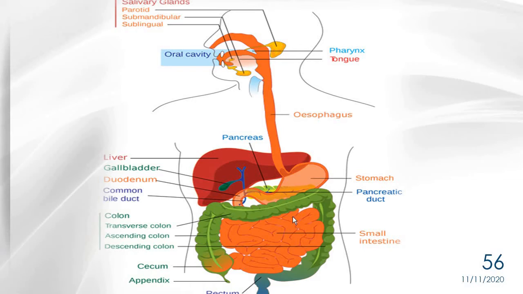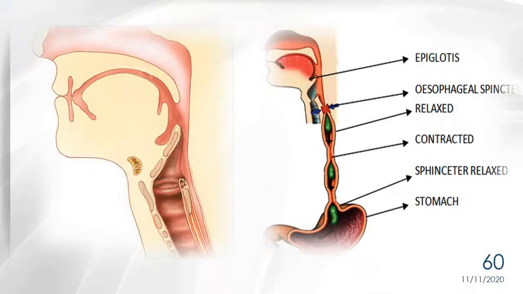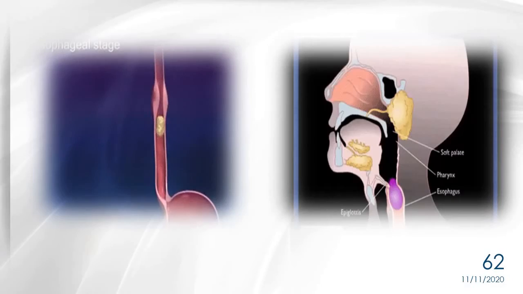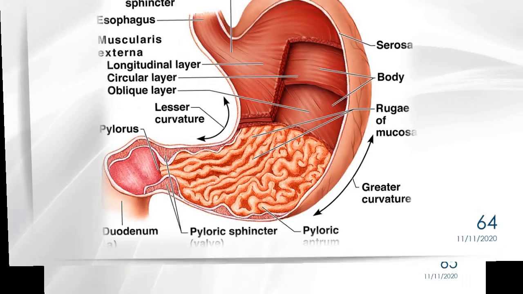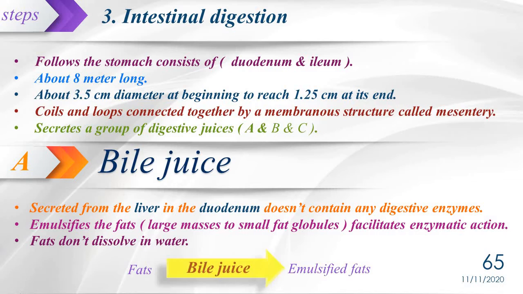Let's complete the duodenum. What do you know about it? Is it just the first part? No. The whole small intestine is 8 meters long. My height is about 1.5 meters, so it's longer than me. How?